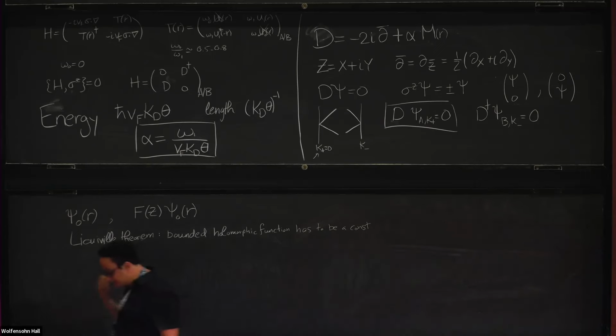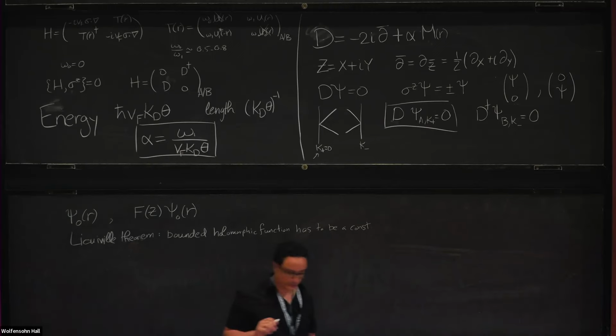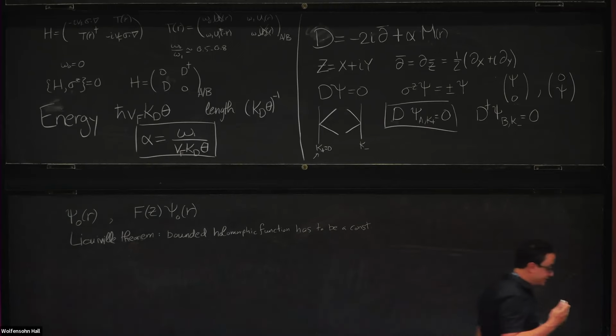The next thing we can try is to take F(z) to be a meromorphic function, which means it's a function that has some poles, but it actually has some non-trivial structure, and it is periodic over the unit cell.